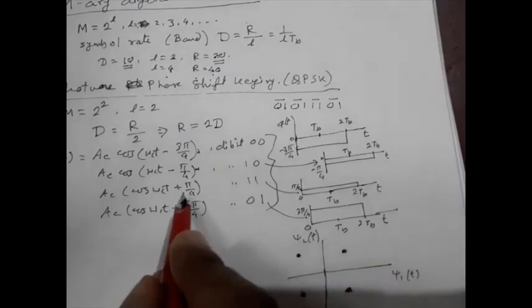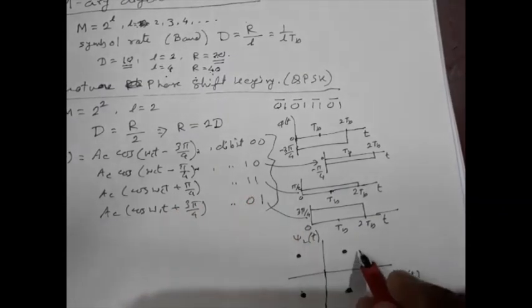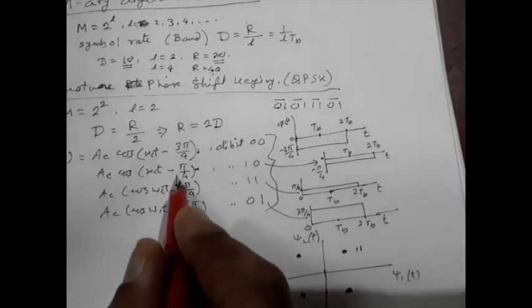That means this π/4 corresponds to dibit 1 1.